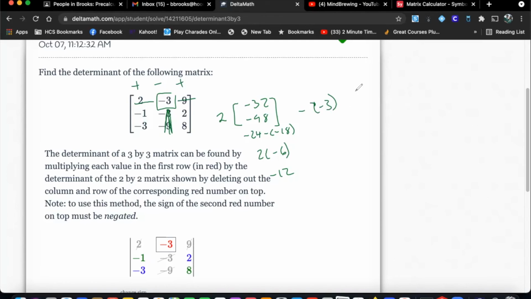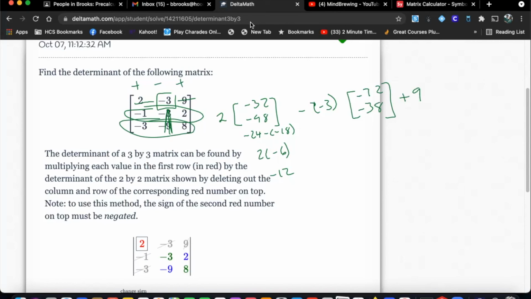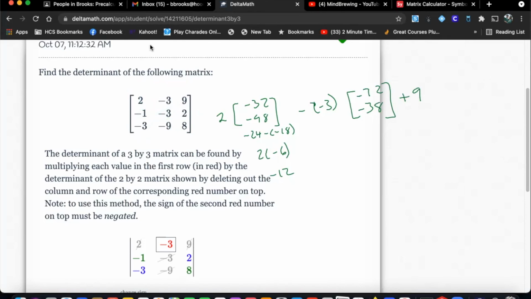So that gives you this 2 by 2 matrix, -1, 2, -3, 8, from these two rows here. And the last one would be +9. And now you're going to look at these two. So you have -1, -3, -3, -9.